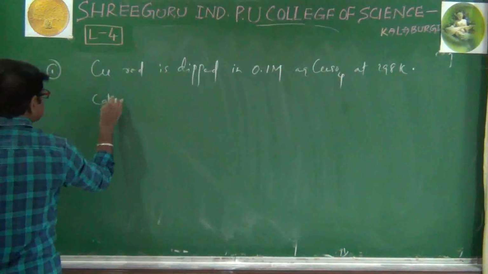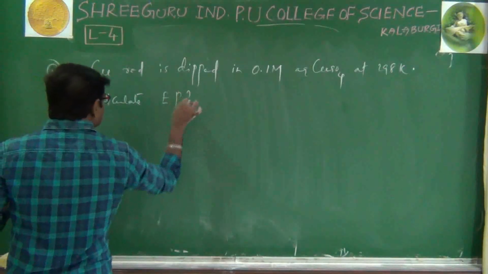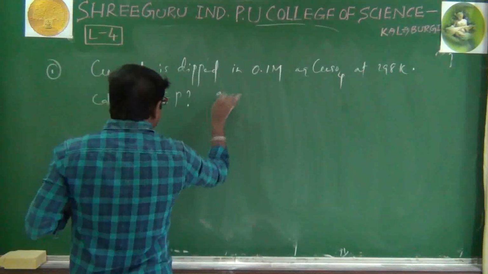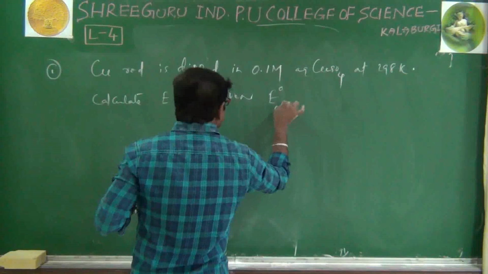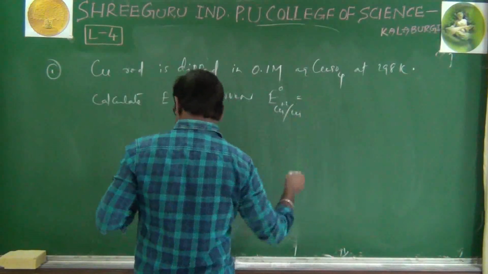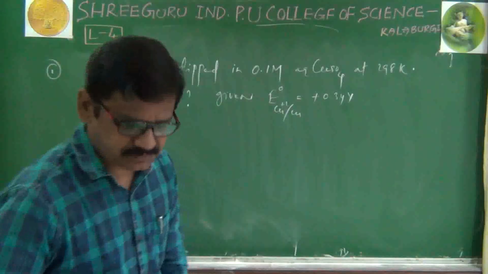Calculate the electrode potential. Given E naught Cu plus 2 oblique Cu is equal to plus 0.34 volts. So this is the question.